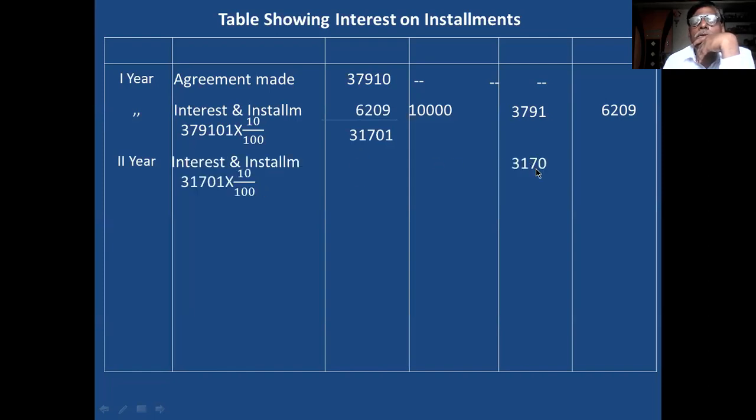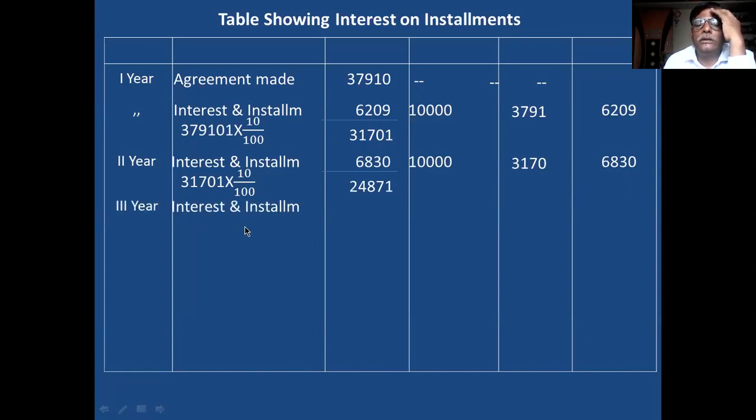Interest is 3,170, installment 10,000, then principal is 6,830. Then second year completed, you take the balance. Then third year, you calculate interest on the balance. Interest is 2,484. Installment 10,000. You deduct it, you will get the principal.